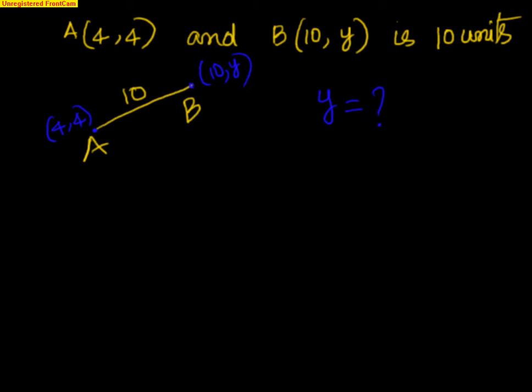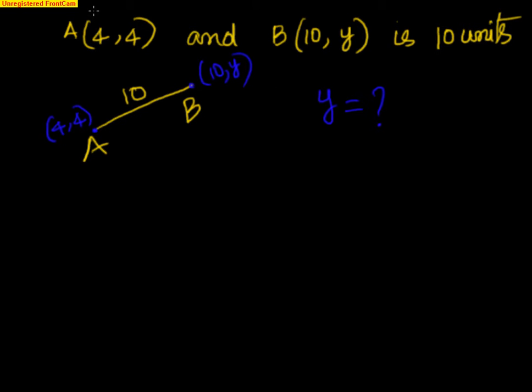You can pause the video and try to solve this by applying the formula for the distance between 2 points. The distance between 2 points is the square root of x2 minus x1 whole square plus y2 minus y1 whole square.